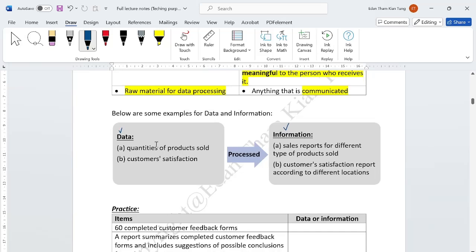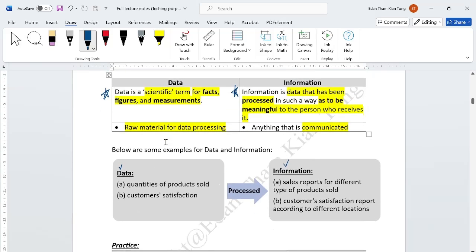All right. For example, here is our data, and here is our information. All right. So data is actually something that cannot give us any insight or meaning. Or in another word, it is not so meaningful and not so insightful.